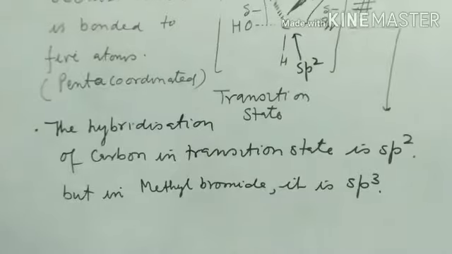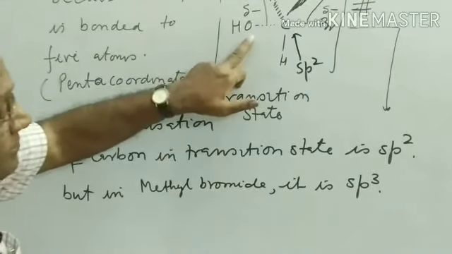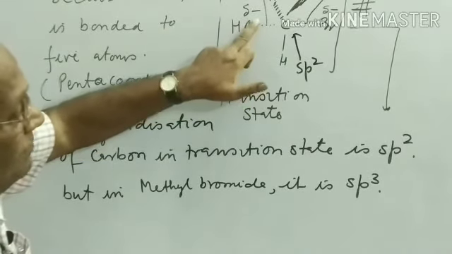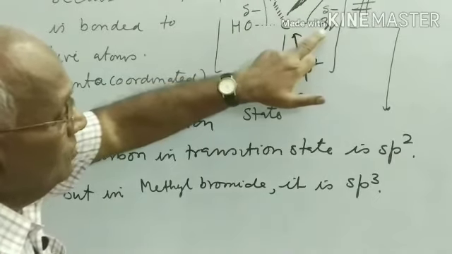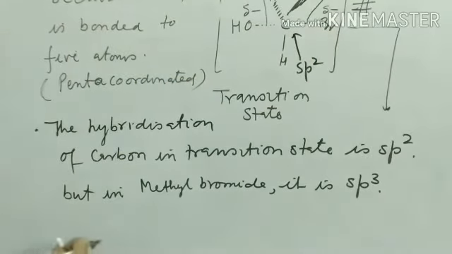The transition state is dipolar. This is a negative charge and this is a negative charge. So, it is dianionic in nature.